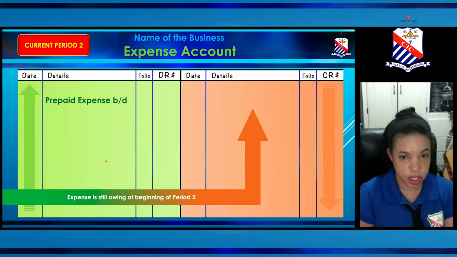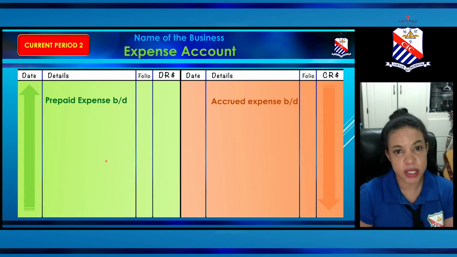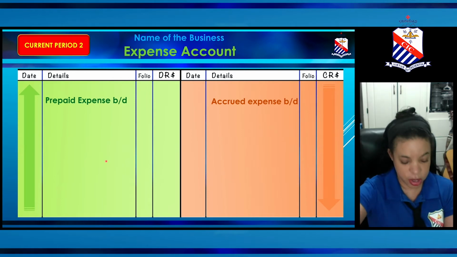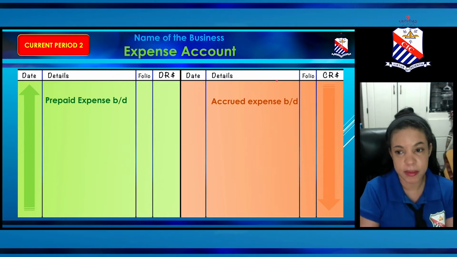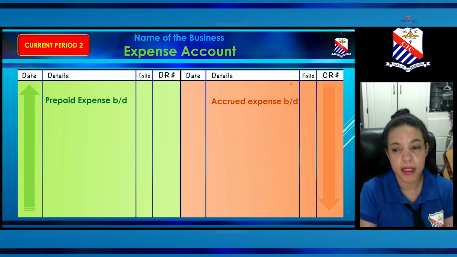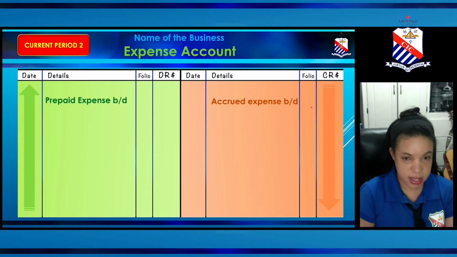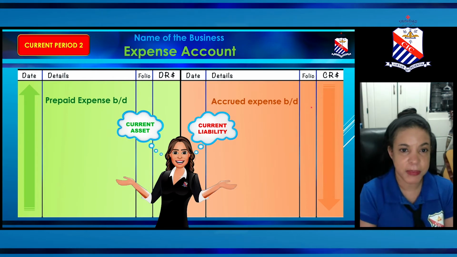And the same for the accrued. We said we had carried it down. It is therefore brought down or brought forward here. And it is shown by the BD or the BF. Now notice the sides that they are on.